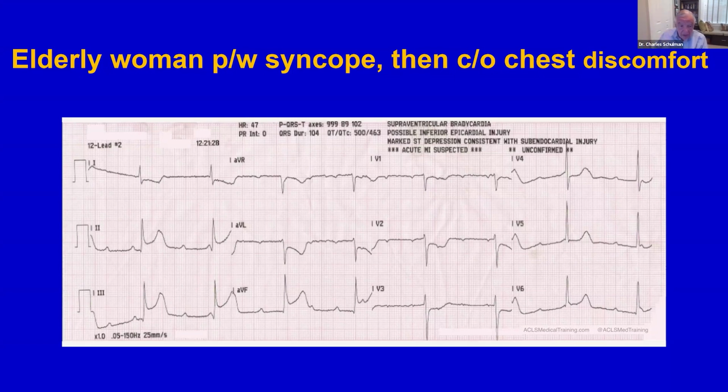Why? Because, and we'll talk about this when we talk about ST and T wave changes, there are ST elevations in leads 2, 3, and aVF, consistent with an ST elevation acute MI. And what's that got to do with heart block?